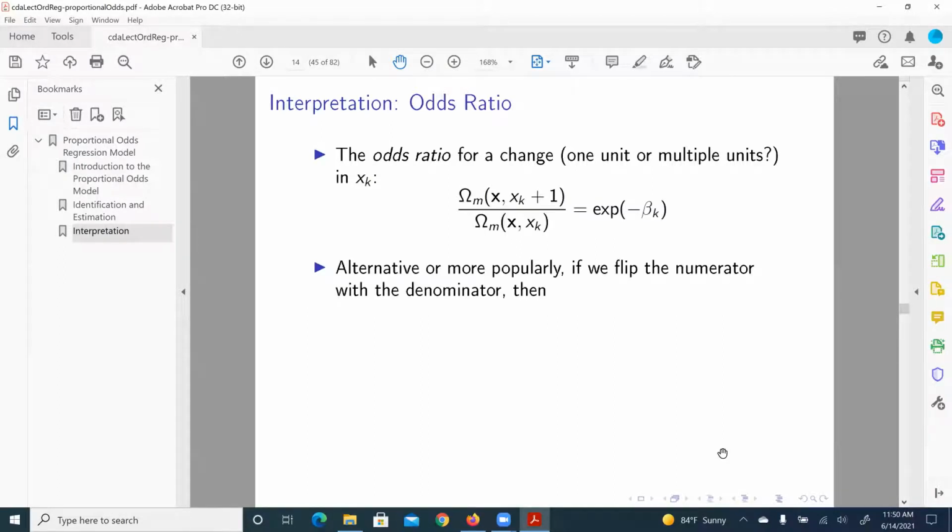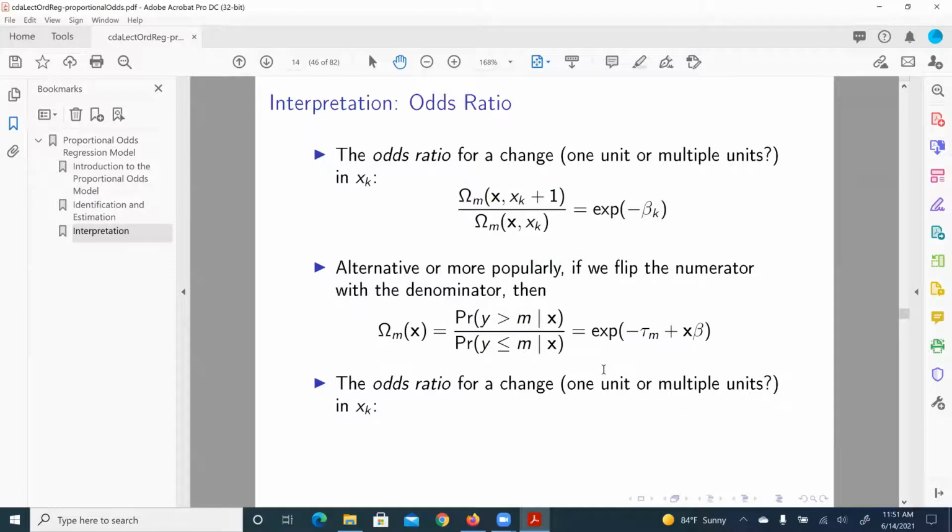Okay, so this is what we have in our last slide, right? So the odds of y smaller or equal to m over y greater than m is the natural exponential of negative beta x. Alternatively, or more popularly, we flip the numerator with the denominator.